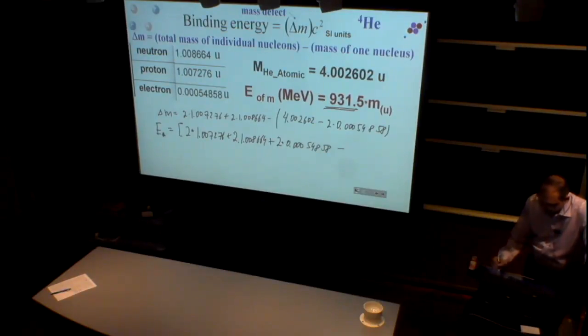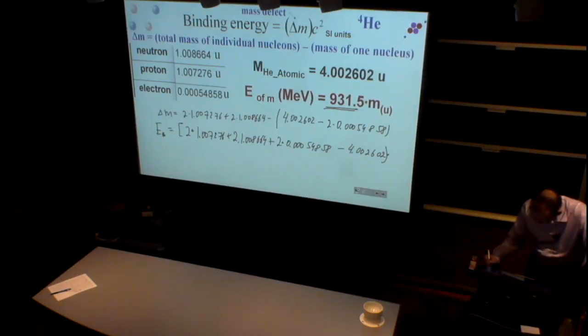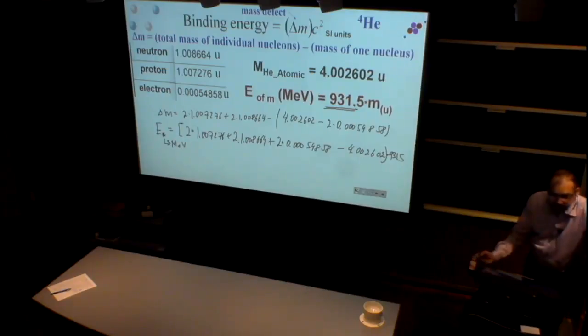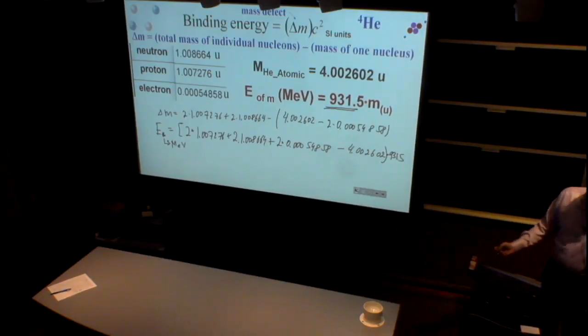And now, finally, we're subtracting the atomic mass. And now times 931.5, again, mega electron volts. Mega means 10 to the 6, millions. That's it.